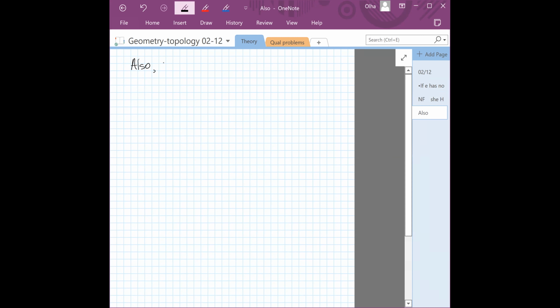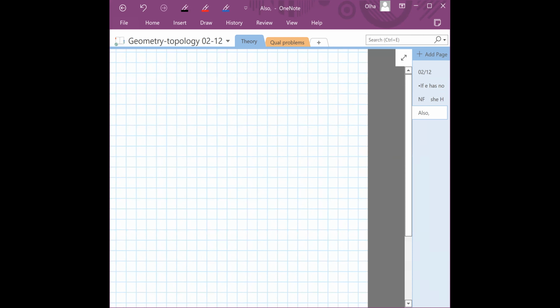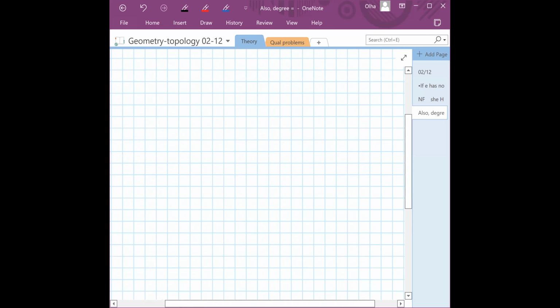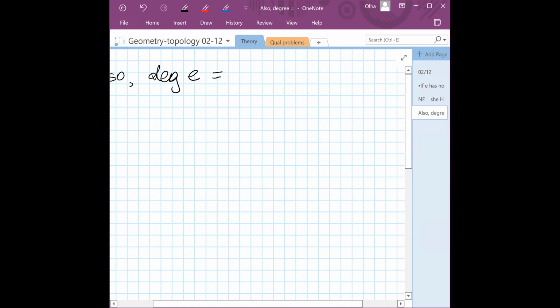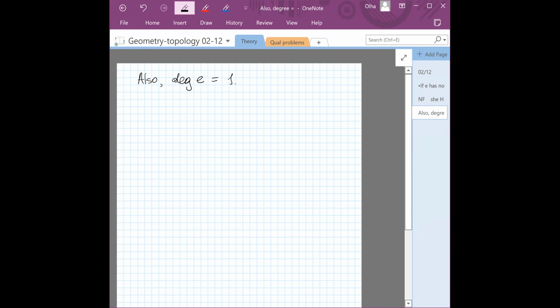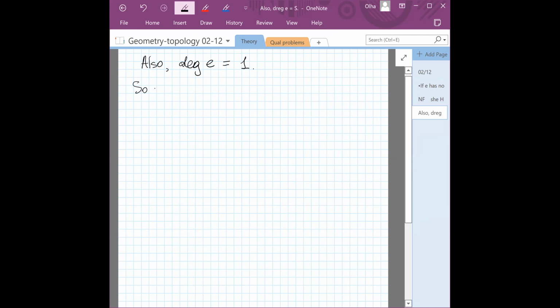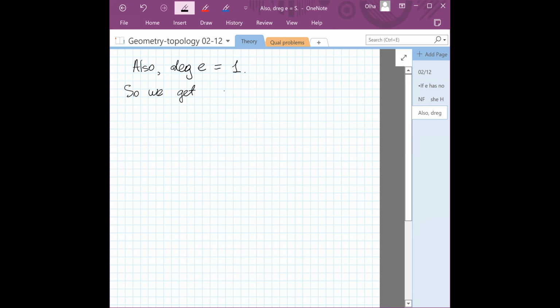So for non-trivial elements, the degree is -1. For the trivial element, our degree is going to be 1, just because it's the identity map. So we get a map from G to degree of G.